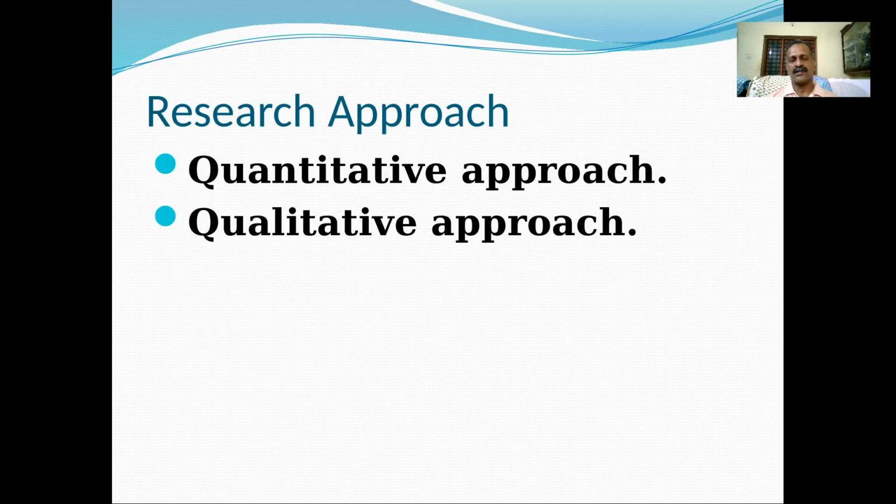Now, in research as a whole, we collect information in order to test our hypothesis and achieve our objective. The remaining aspects of the methodology depend on the research approach first and the research design that we choose for our research study. So this is a very important aspect of research.